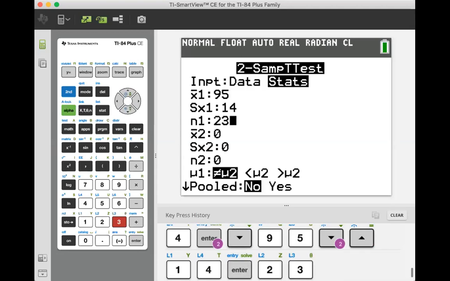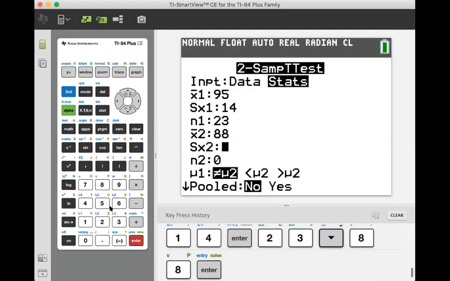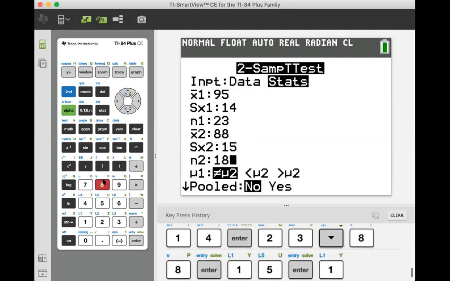And then the second sample, 88, 15, and 18. And then the relationship between the two means was greater than.